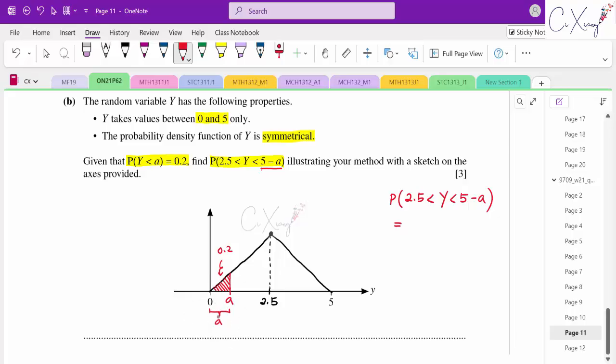So you assume that you have one value here where the distance from 5 is a. So by right, this is the value for 5 minus a. And since we already know that our graph is symmetrical, the area for smaller than a and the area for greater than 5 minus a should be the same. So I can label this as 0.2 as well.